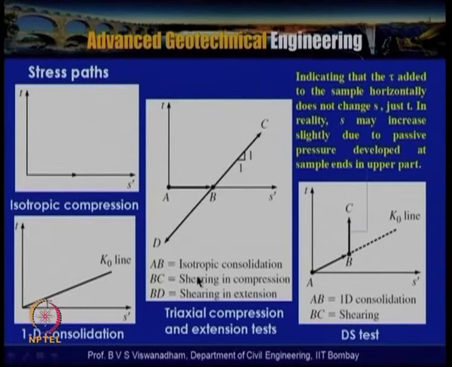But let us say for a direct shear test, when you draw it, initially this AB is very similar to the k naught line. So it traverses from A to B, because in the direct shear test, initially some vertical stress is applied, and before commencement of shear, elastic equilibrium or k naught condition is established.